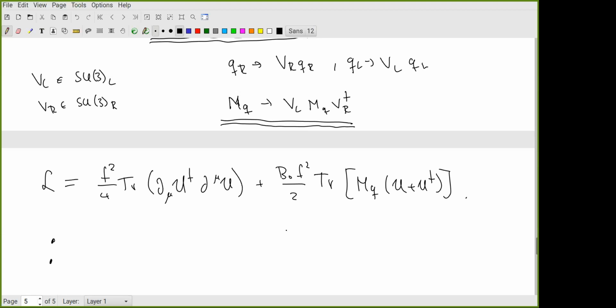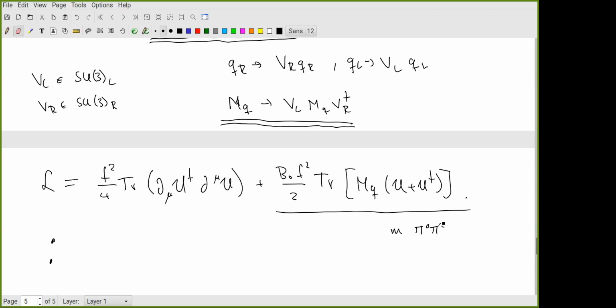So the less important comment is if you take this mass term here and you expand it out, so you take this exponential of the pion fields and you evaluate the trace and all this, there will be terms that look something like this. There will be a mass term times terms quadratic in the pion fields.